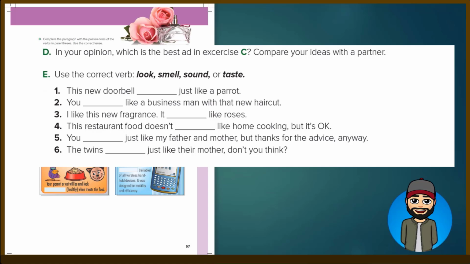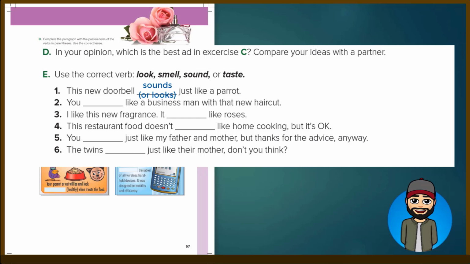1. The new doorbell blank just like a parrot. So, what do you say? He's talking about what? He's talking about either the sound or the looks. So he says, this new doorbell sounds just like a parrot, or you can say looks just like a parrot.